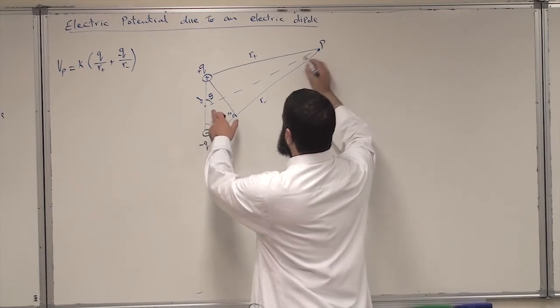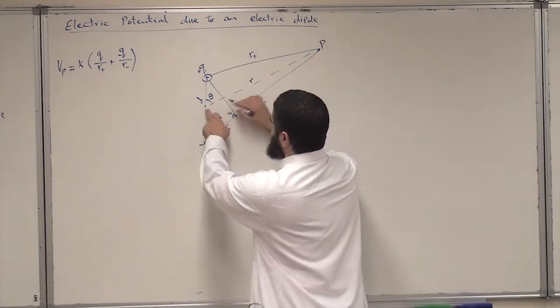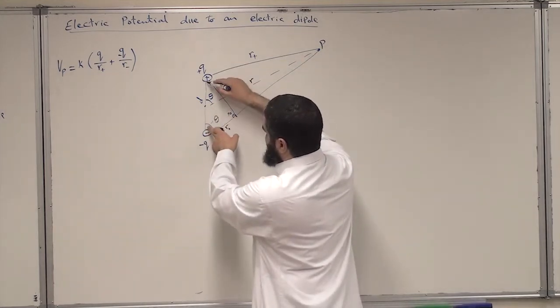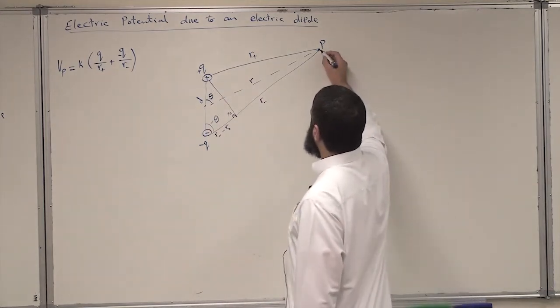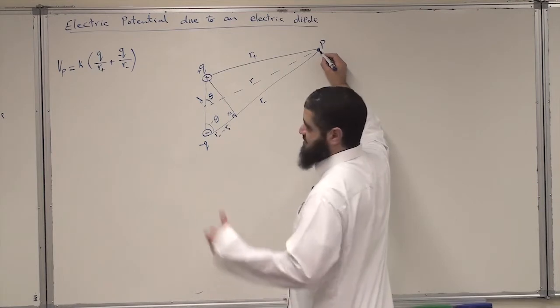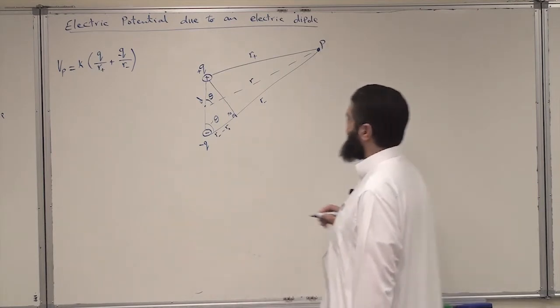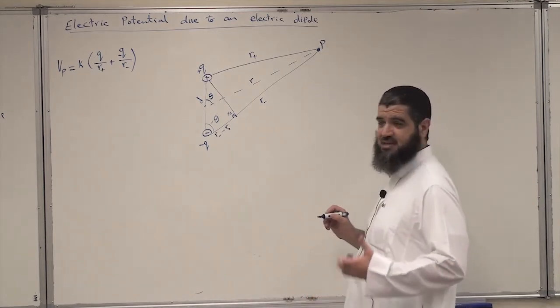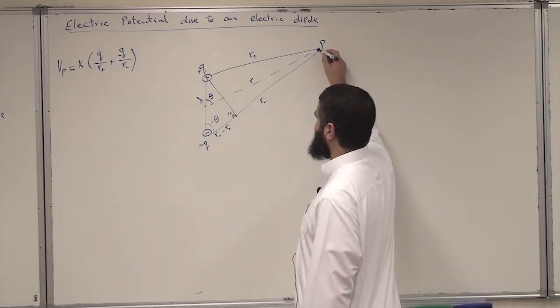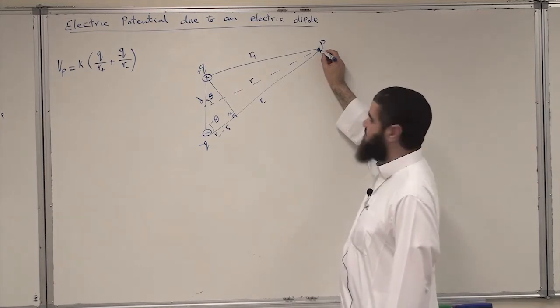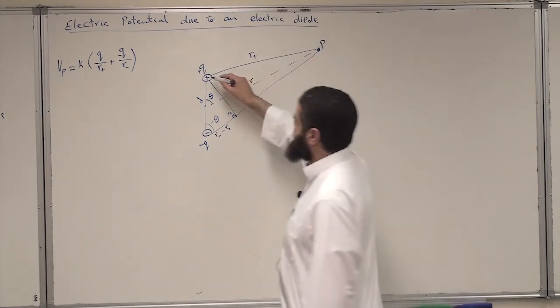Large distance means that this distance R from the center of the dipole is very big compared to d. By the concept just discussed by Dr. Makki, if you have multiple charges and you want to find the electric potential at a certain point, it will be the algebraic sum of the electric potential of each one.